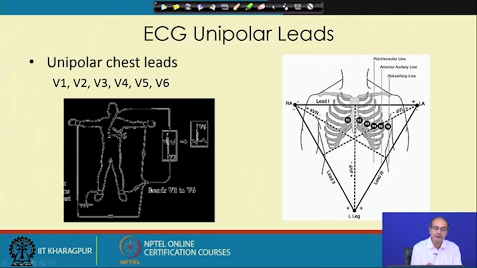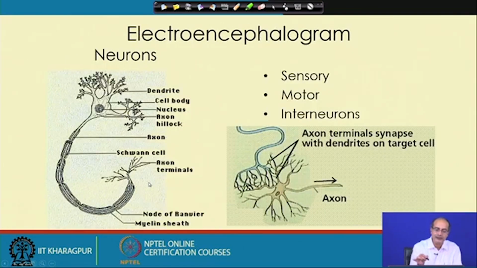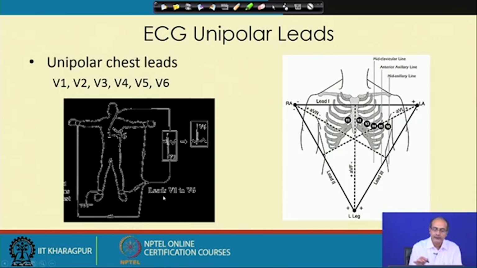The other three points, the left leg, left arm and right arm, are connected through equal resistances, and this point serves as a reference here.